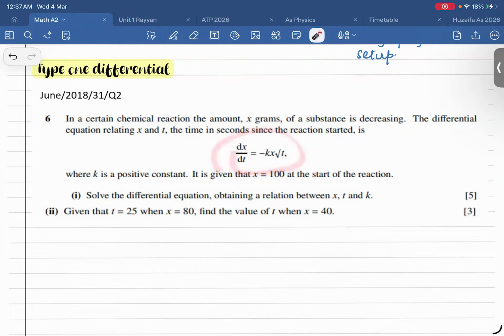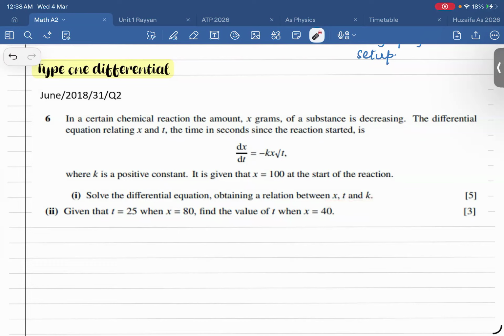So the differential equation is given in the form of dx and dt. Now they're saying k, the positive constant, is given that X is 100 at the start of the reaction. Fine. So solve the differential equation, obtaining the relationship between x, t, and k, right?